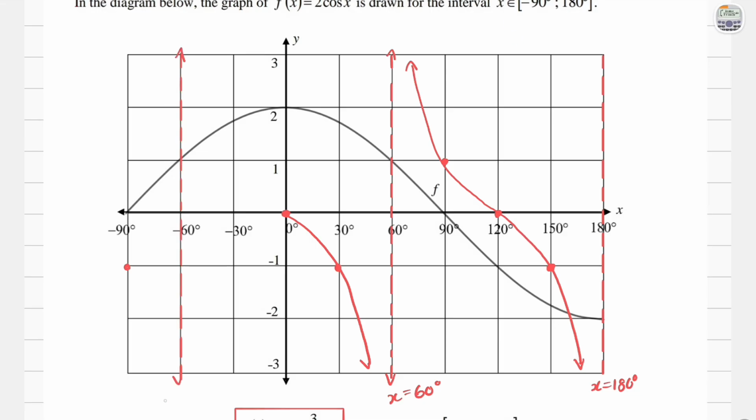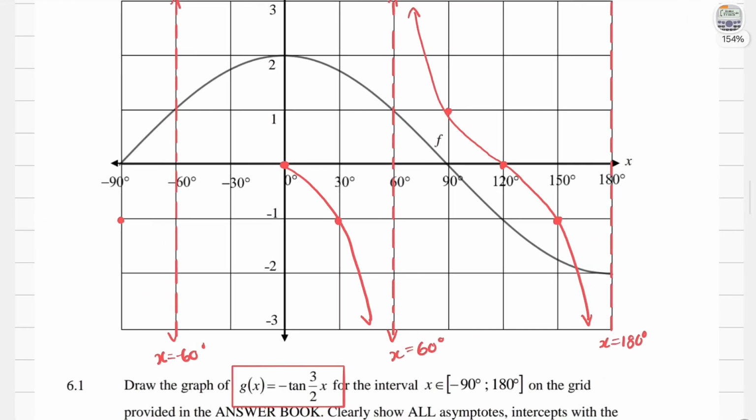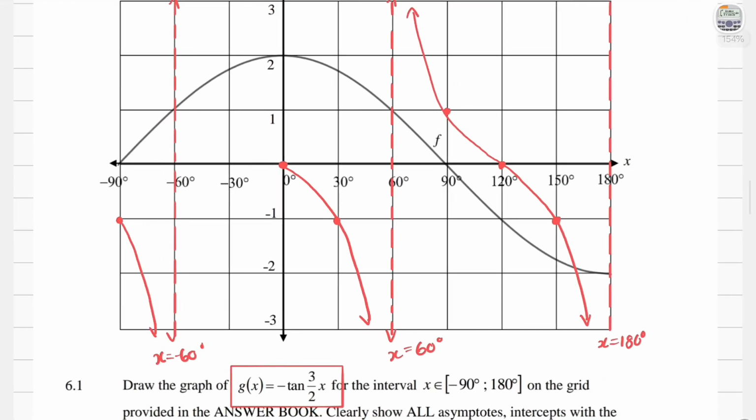Okay, and then this is our graph. X equals -60 degrees. And so it's going to take this same shape that we saw. You see how it goes from 0 down like that to -1 and then shoots closer and closer to the asymptote. The only thing is we cannot see where it's equal to 0 because it's beyond our interval. So it's just going to go from here and then shoot closer and closer.